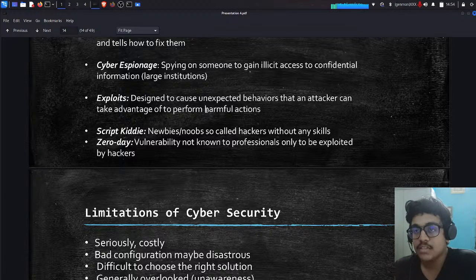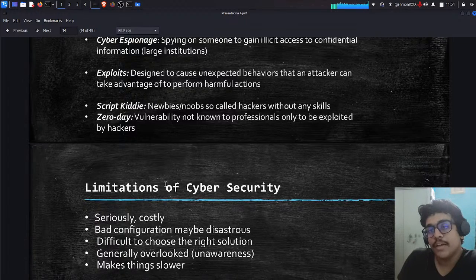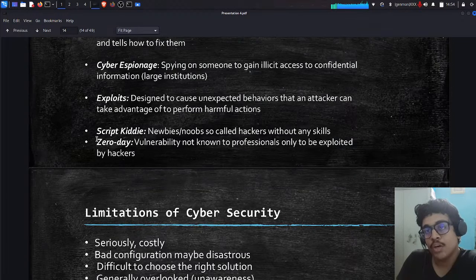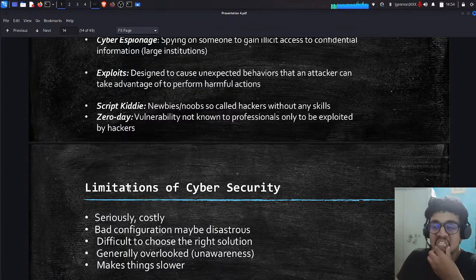This weakness is not known to the professional who is testing the system, nor to the organization that made that service, and not even to hackers. But someday it will be compromised. So this is known as zero day. There are zero day bug bounties you can do if you have a good knowledge of hacking and penetration testing skills.